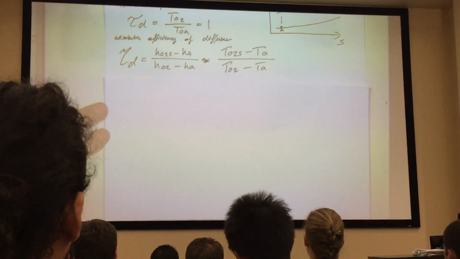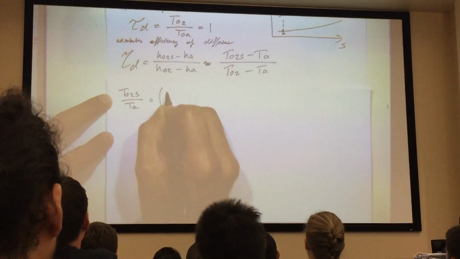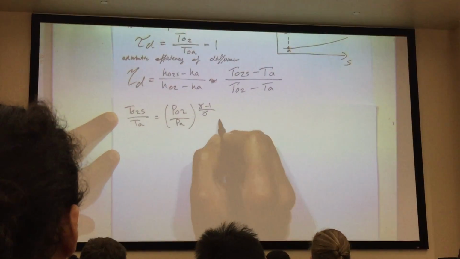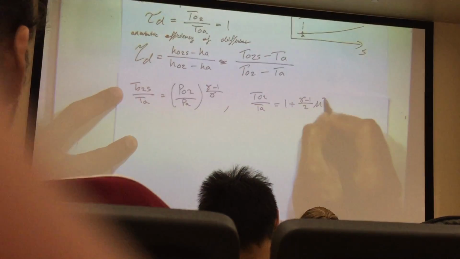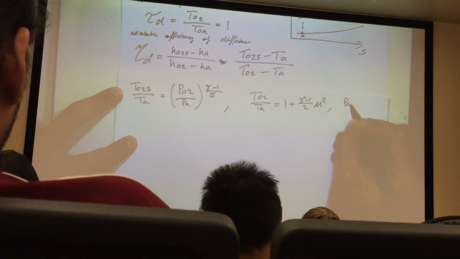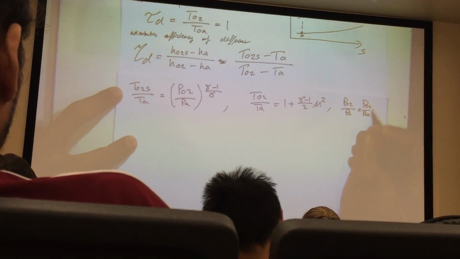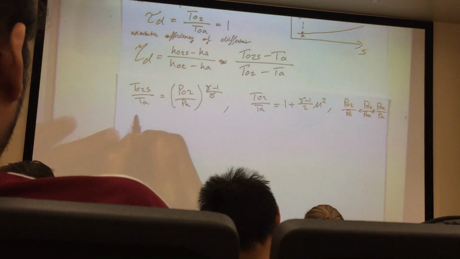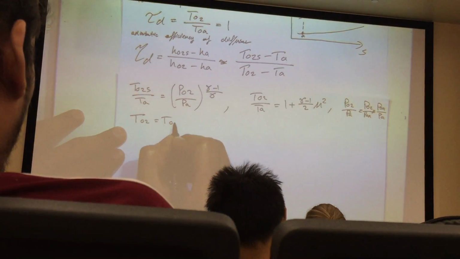That's stagnation pressure losses. So I already know from isentropic relations, T_OS over T_A is equal to (P_O2 over P_A) to the power of gamma minus 1 over gamma, and T stagnation 2 over T_A is equal to 1 plus (gamma minus 1) over 2 Mach number squared, and P_O2 over P_A is equal to P_O2 over P_OA multiplied by P_OA over P_A.